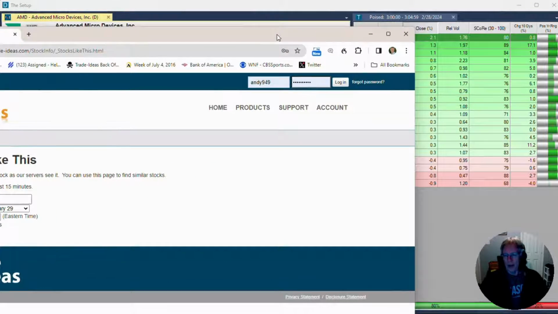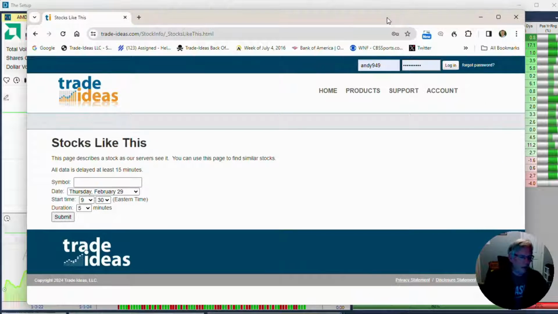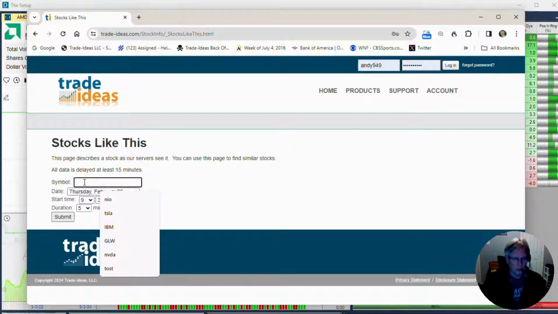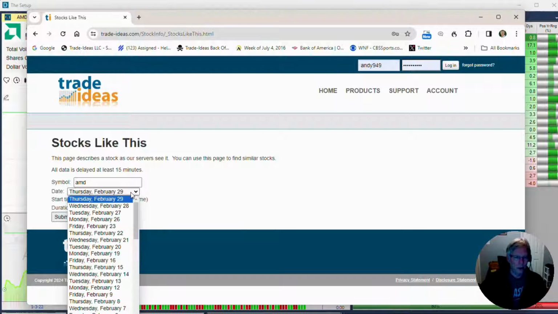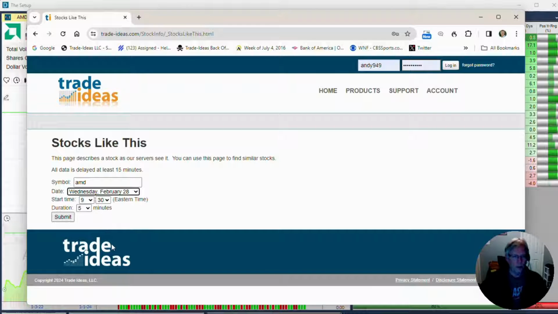So let's take AMD for example. We want to see what AMD looked like yesterday at the close. All I have to do is go in here to the symbol for Stocks Like This and type in the symbol AMD. We're going to go yesterday, February 28th, and this is on Eastern time, and it's a 5 minute duration window.